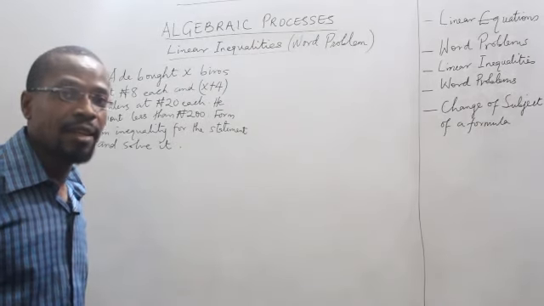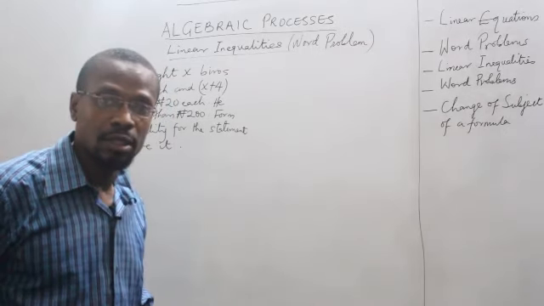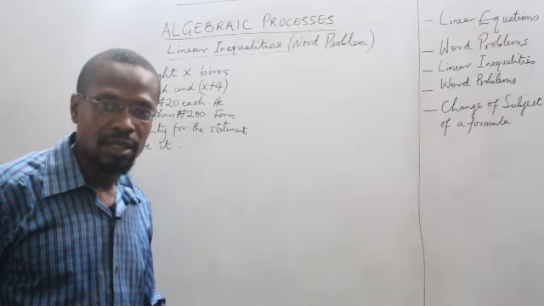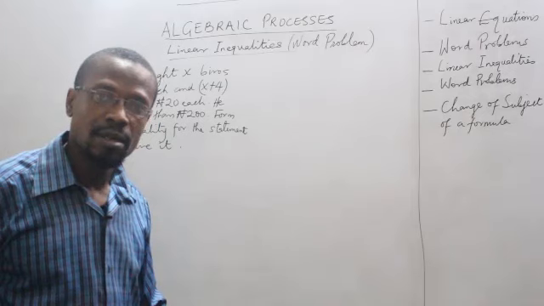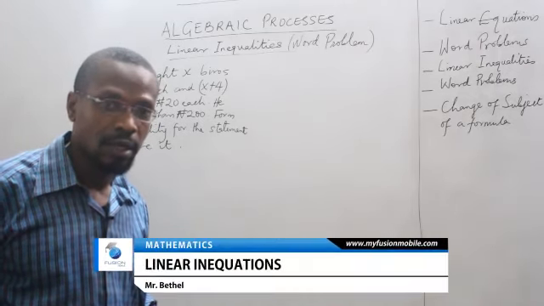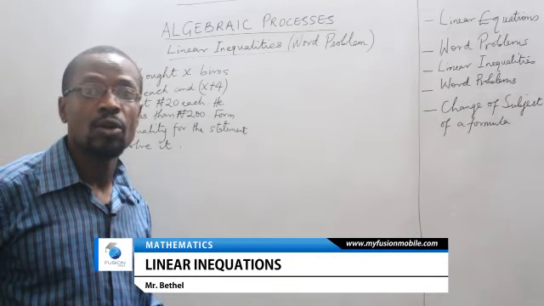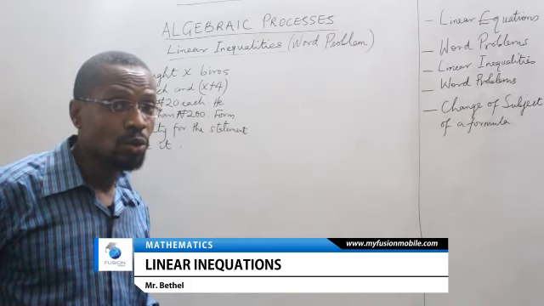Just like I said earlier, if you can solve linear equations, you can solve linear inequalities. The processes are the same. The only difference is in the symbols. The inequality sign changes to a less than, a greater than, less than or equal to, greater than or equal to, and then observe the rule.